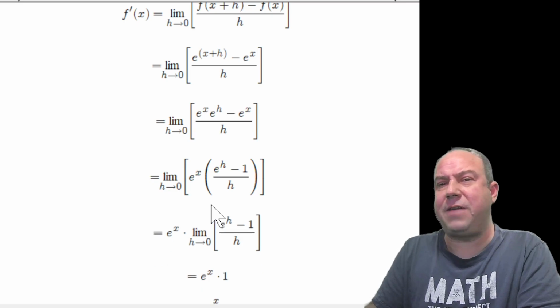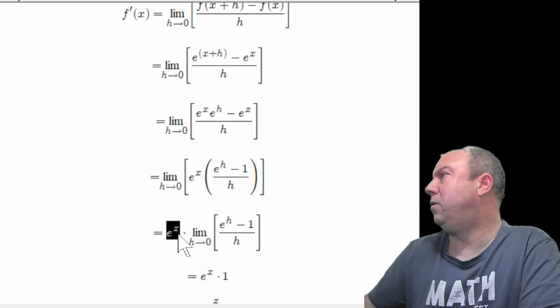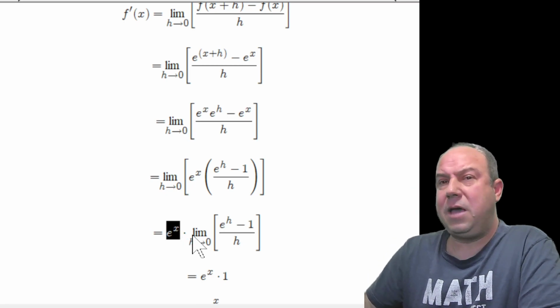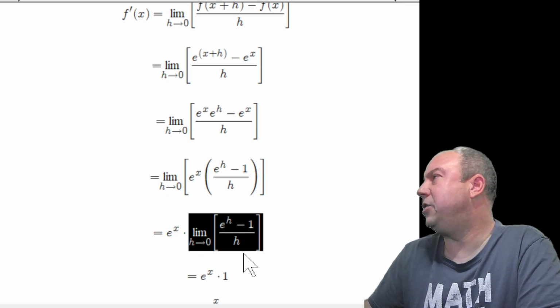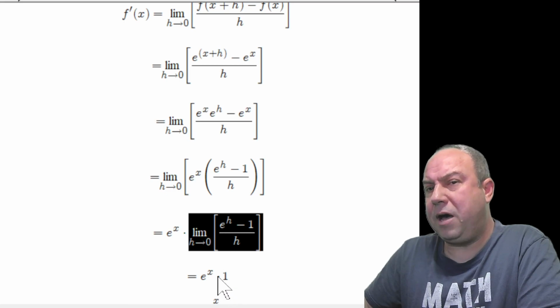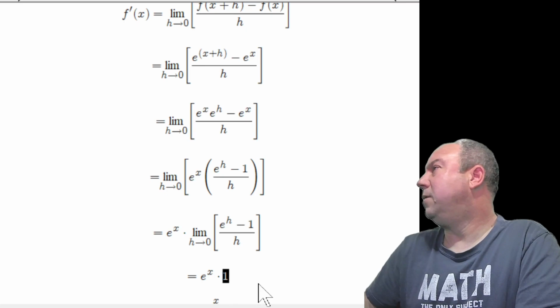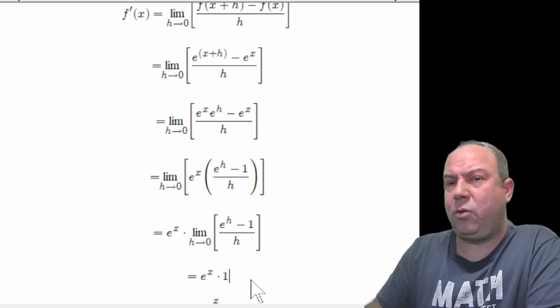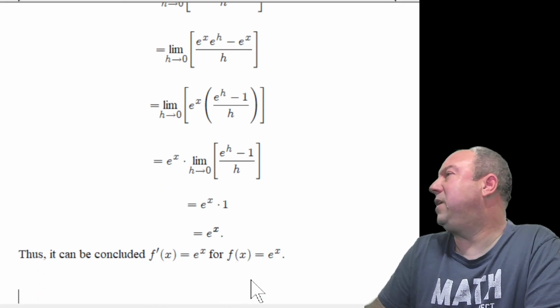So we can factor that e to the x out as a constant multiple, and we're left with the limit as h heads to 0 of e to the h minus 1 divided by h, where we know that limit from above is equivalent to the value of 1. So here we have just e to the x times 1 in a sense, which is simply e to the x.